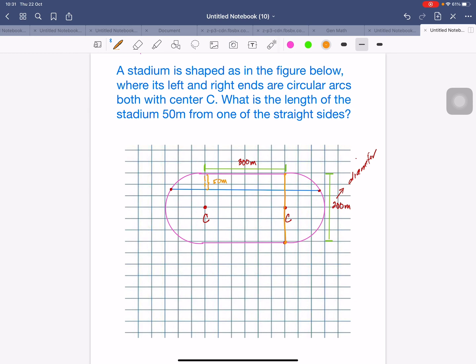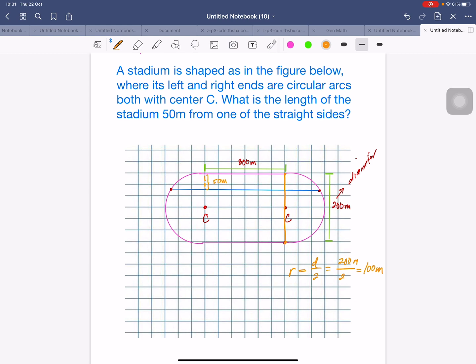In other words, your radius r is equal to d over 2, which is equal to 200 meters over 2, and that gives you 100 meters. That's your r.